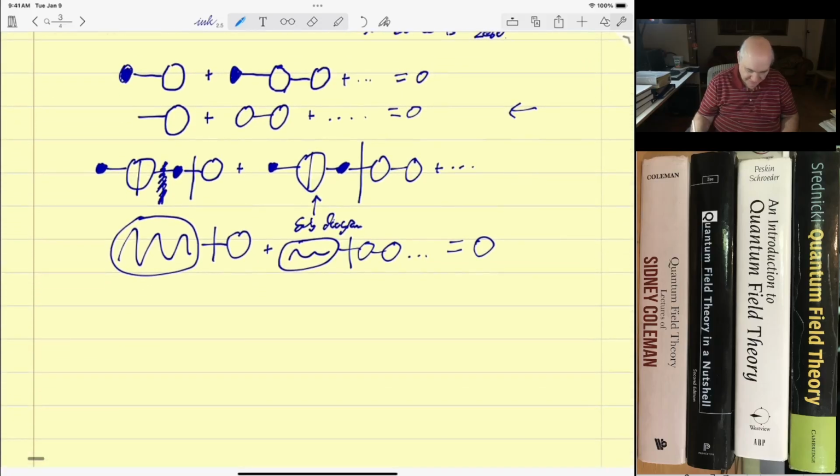So any diagram that we can cut off with a single line to have no sources in them, these are called tadpole diagrams, can be ignored.